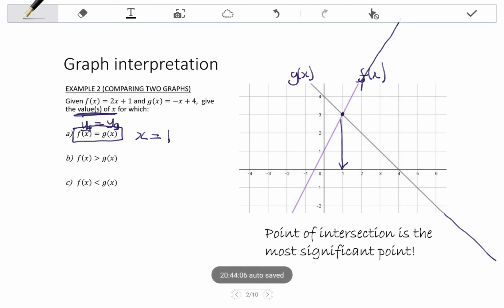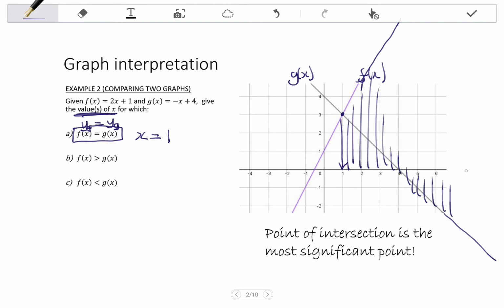So find the part of the graph by understanding the question, but then answer in terms of the x coordinates. And this part of the graph relates to these x coordinates. So where x is greater than 1. So x is greater than 1.